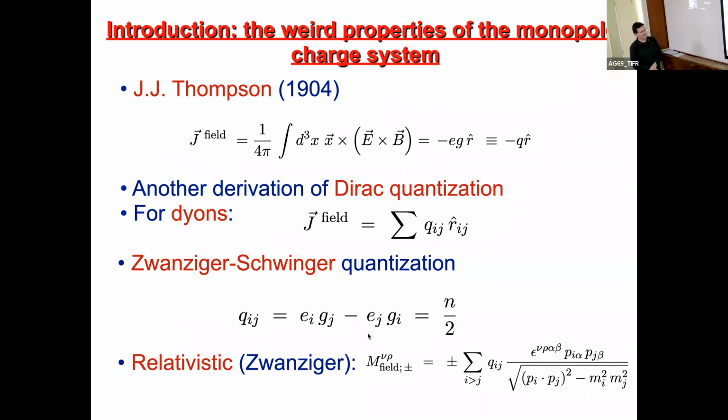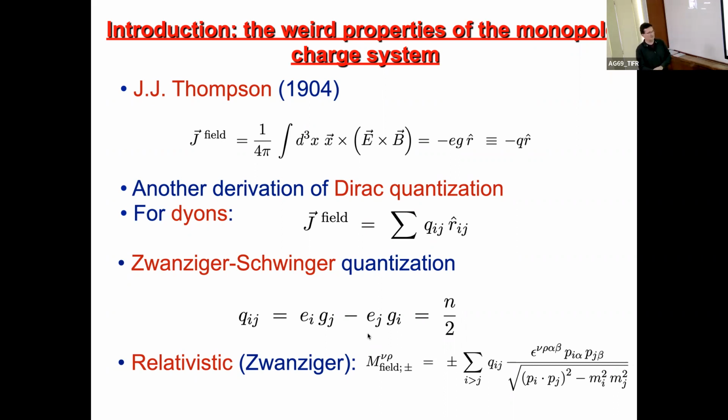And actually, Zwanziger found the proper relativistic generalization of this expression. This was just a simple non-relativistic E&M, and he found what the expression of the Lorentz generators corresponding to the electromagnetic field is going to be, depending on the four-vector momenta of the various particles in the system.